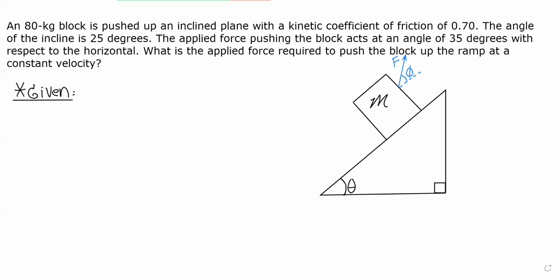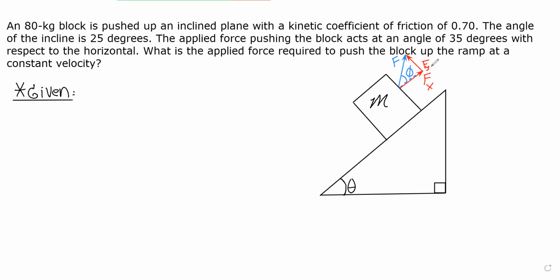Now I'm going to draw the components of this vector. Here's my amount of F in the x direction, so that's along the horizontal. The amount of force in the vertical y direction is Fy.